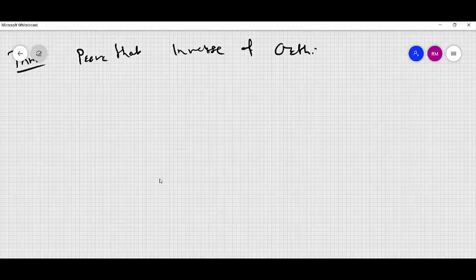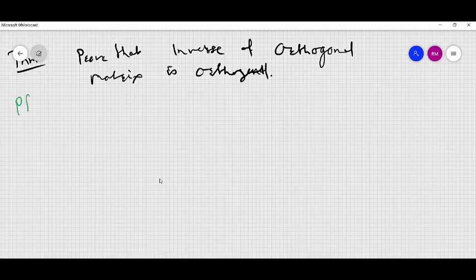So prove that A inverse is an orthogonal matrix. Let A be an orthogonal matrix. So this implies A into A dash equal to I. This is 1.